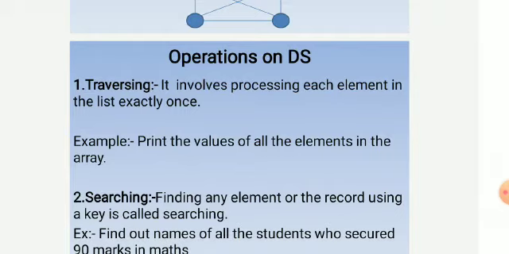Now I want to print all these values. So 10 is printed only one time, 20 is printed only one time. This is nothing but what? I am visiting each and every number only one time, or I am processing each and every element in the list exactly once. That is nothing but traversing.